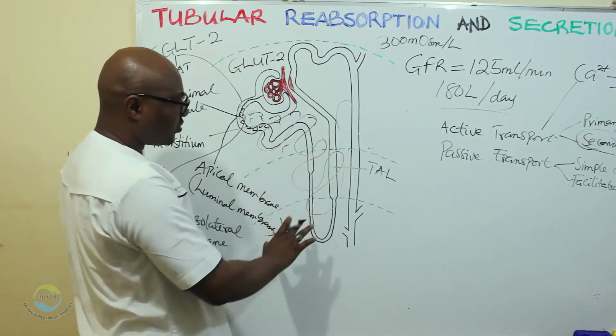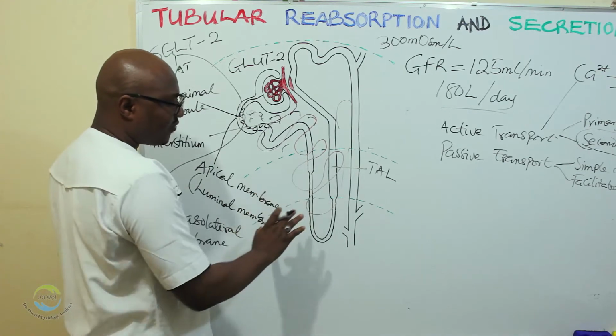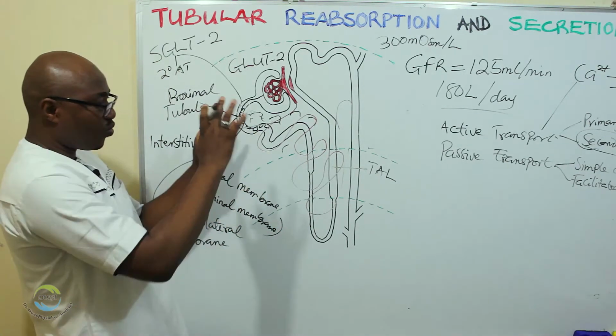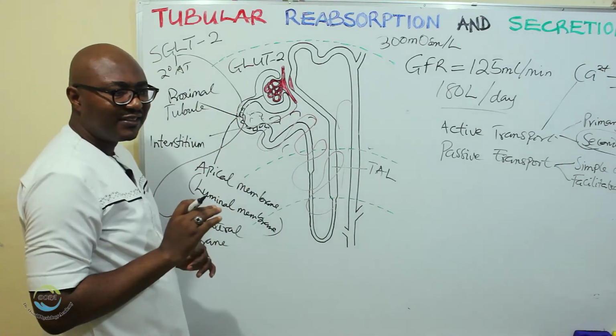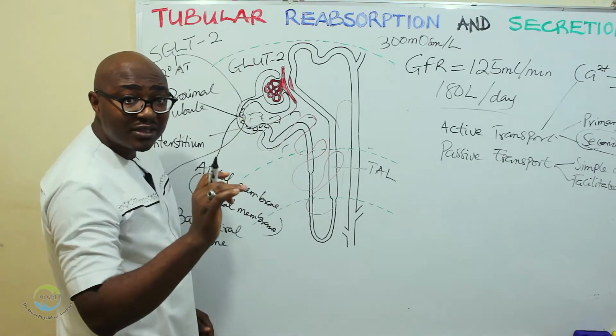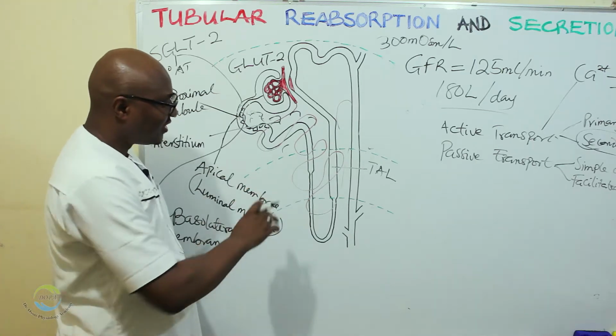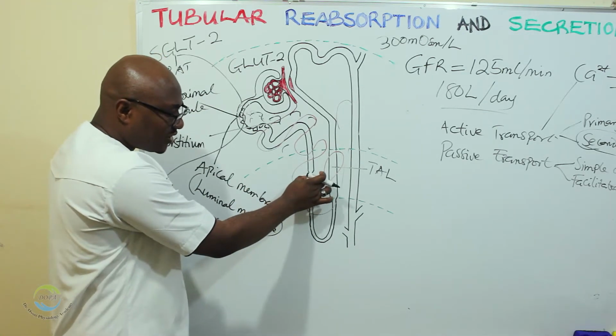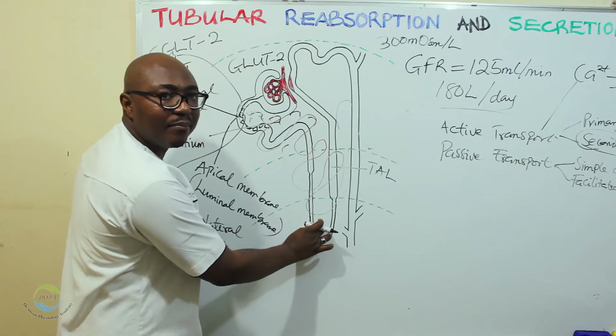So what happens with water in this loop of Henle? About 20% of water in the whole loop of Henle is reabsorbed through the normal process we talked about. But all of that 20% is reabsorbed in just this descending limb.